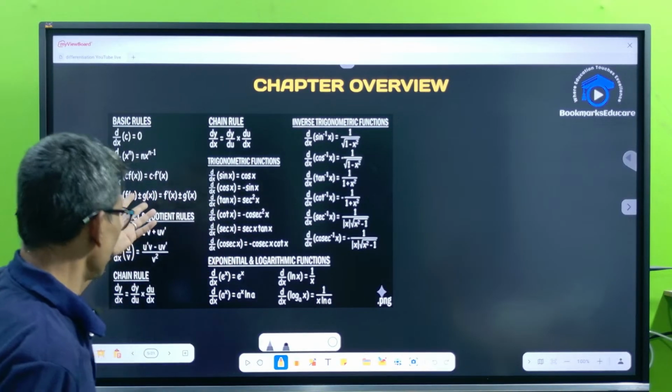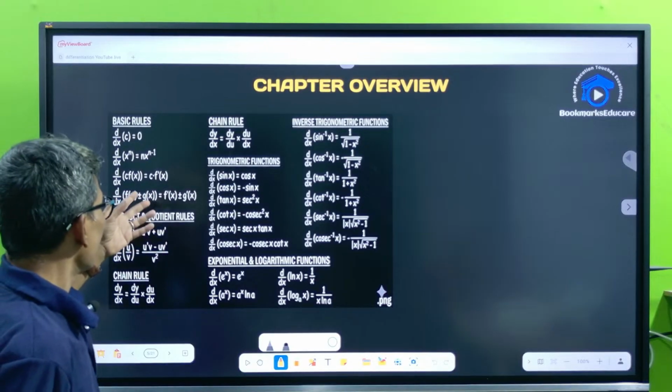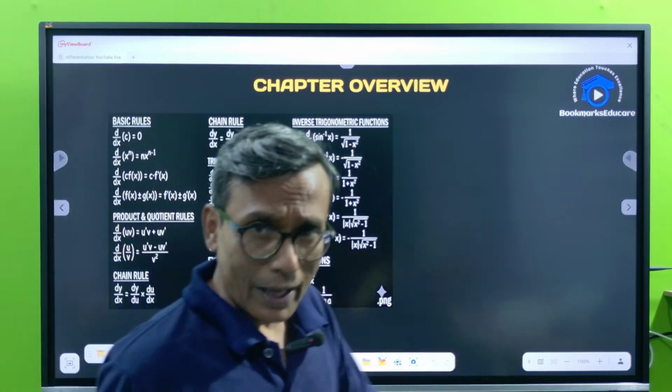Here the function is f(x), so d/dx of f(x) means f prime x.